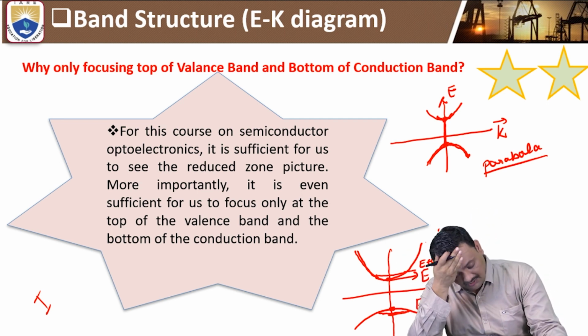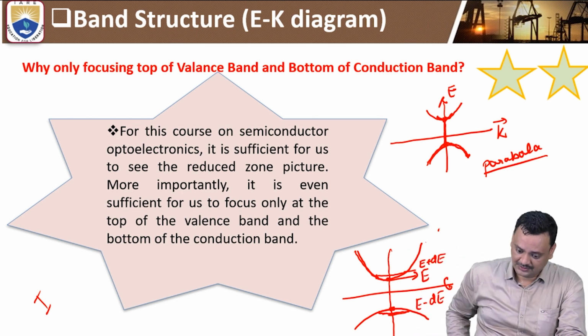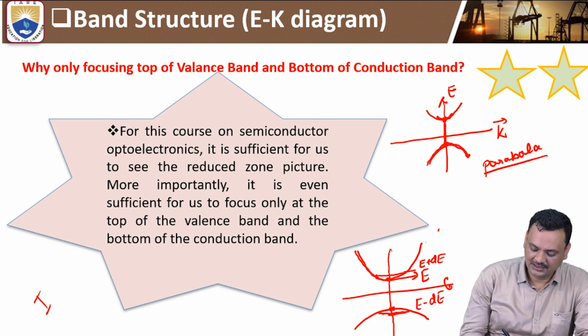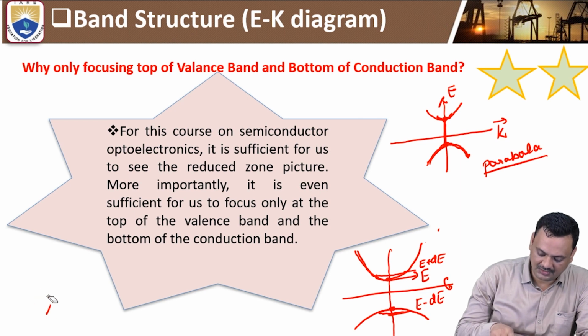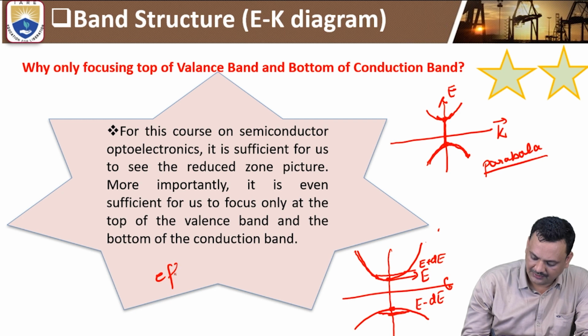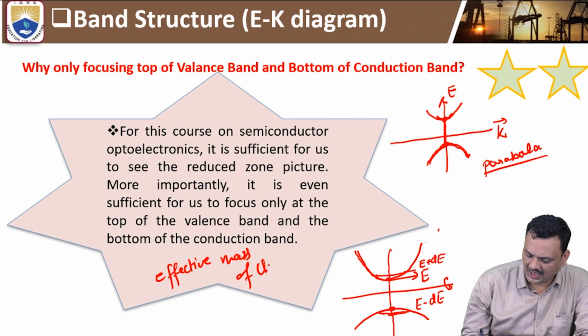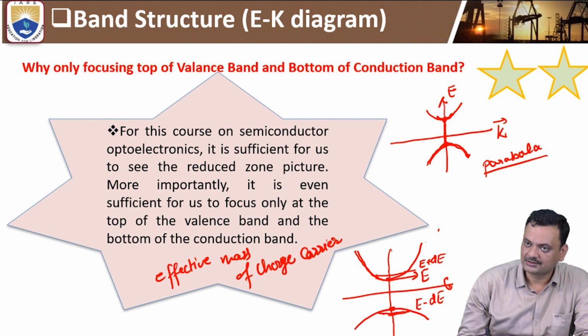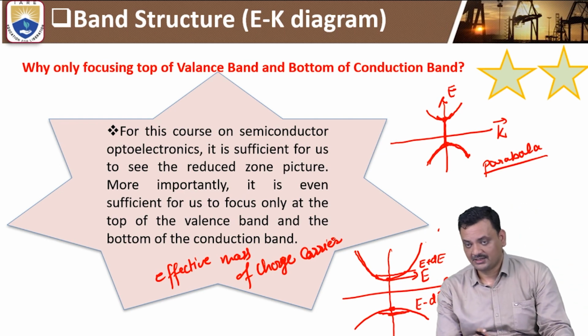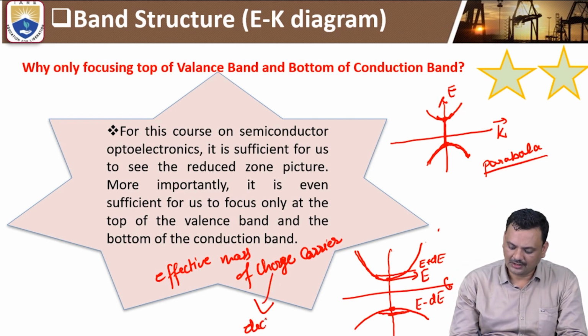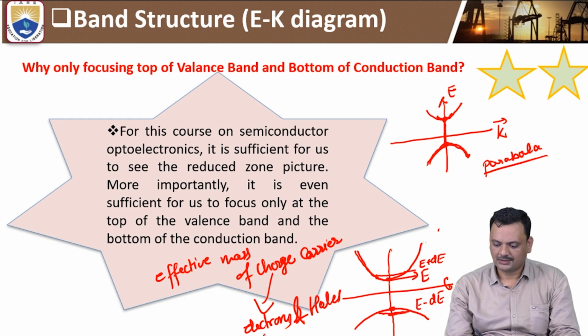With the parabolic approximation of band, we can calculate one term that is known as the effective mass of charge carrier. Effective mass of charge carrier means both electrons and holes. How?